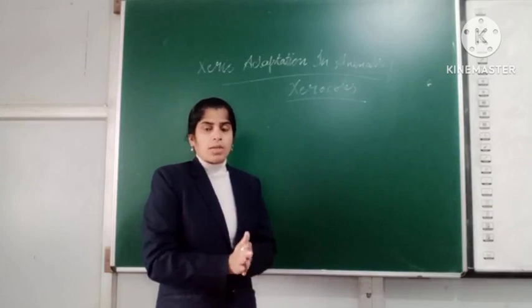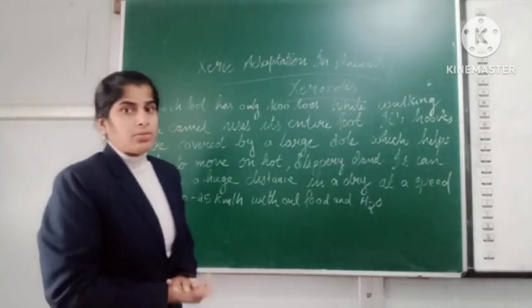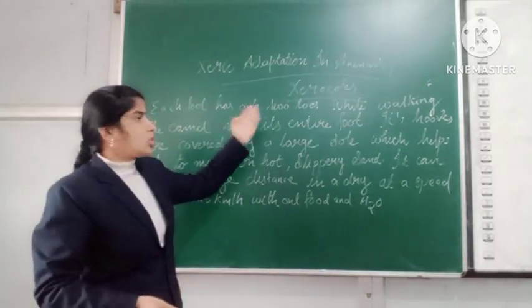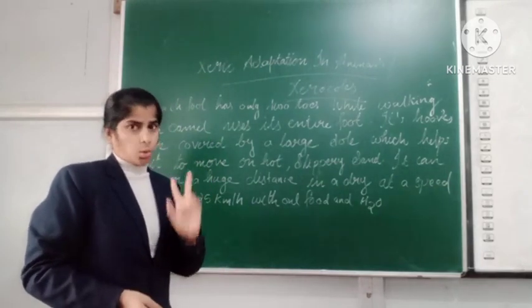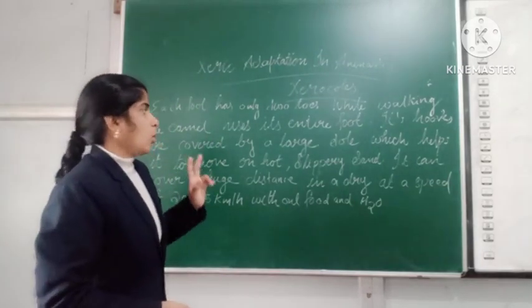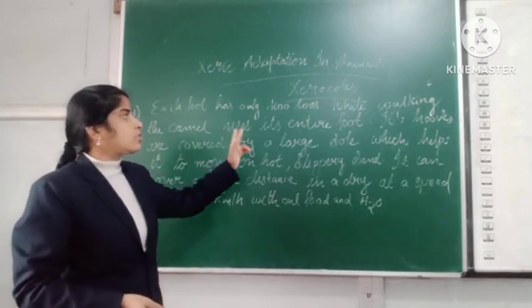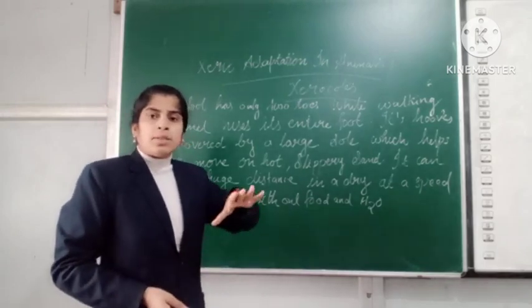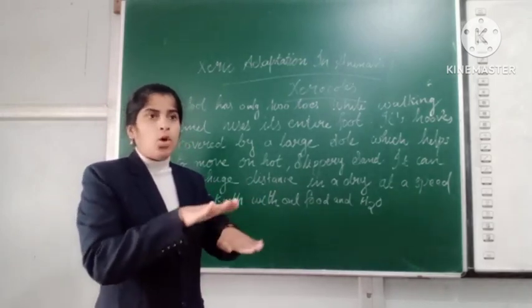So what are the adaptive features of this camel? The first adaptation: each foot has only 2 toes. While walking, the camel uses its entire foot. See, when they walk, they use the full, that means entire, foot.